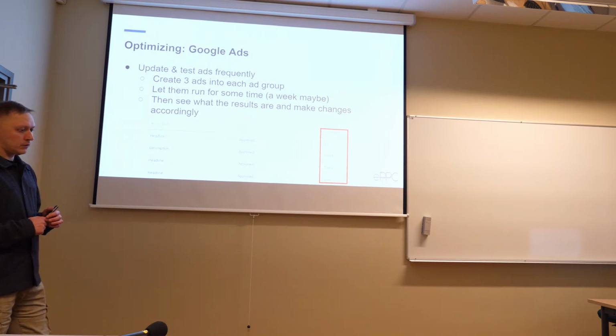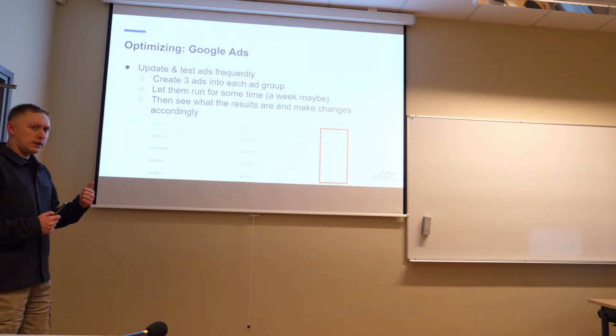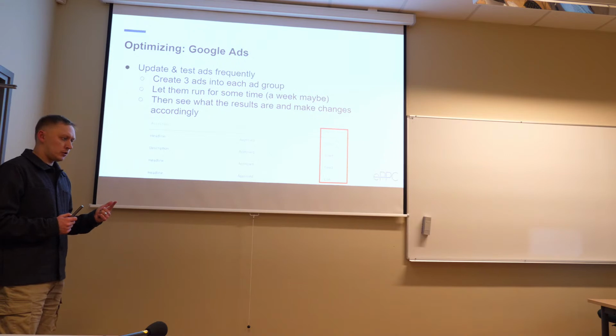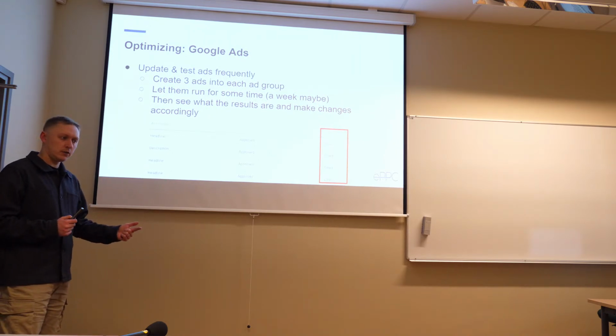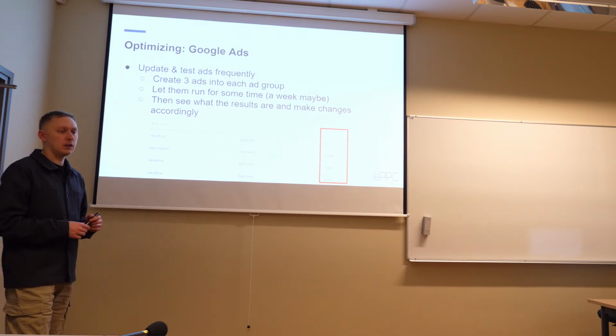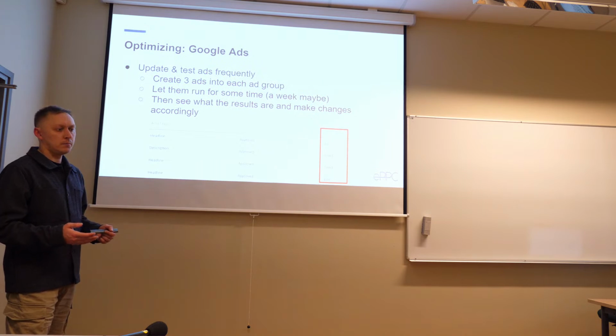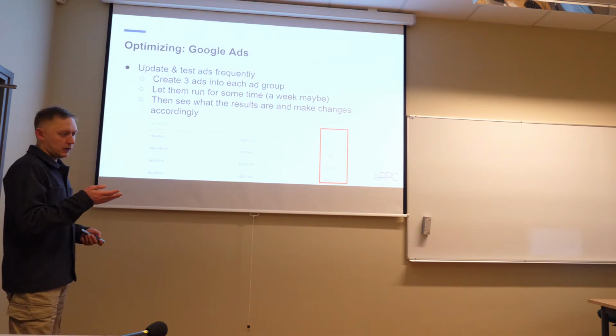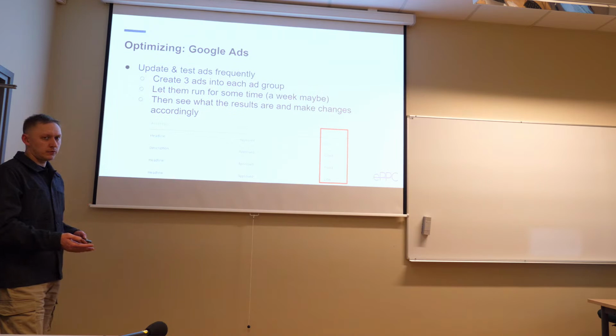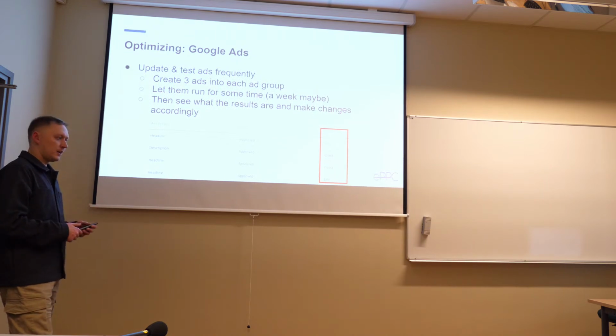What this means basically is that you have 15 headlines, 5 descriptions, many assets in your ads, and if you use automated bidding, then the algorithm matches all the headlines and the descriptions with the search query of the user.